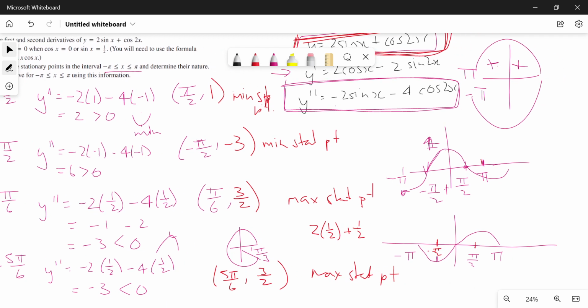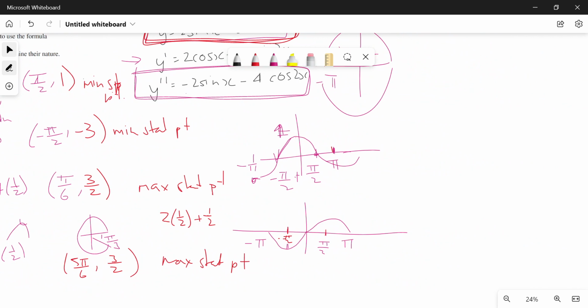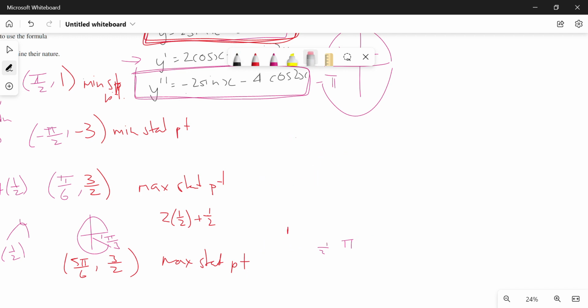sketch the curve between minus pi and positive pi. Alright, so let's get rid of these. So we've got some room. Okay, and we want, let's go something like this. So we want, let's go in pi's on 6s.